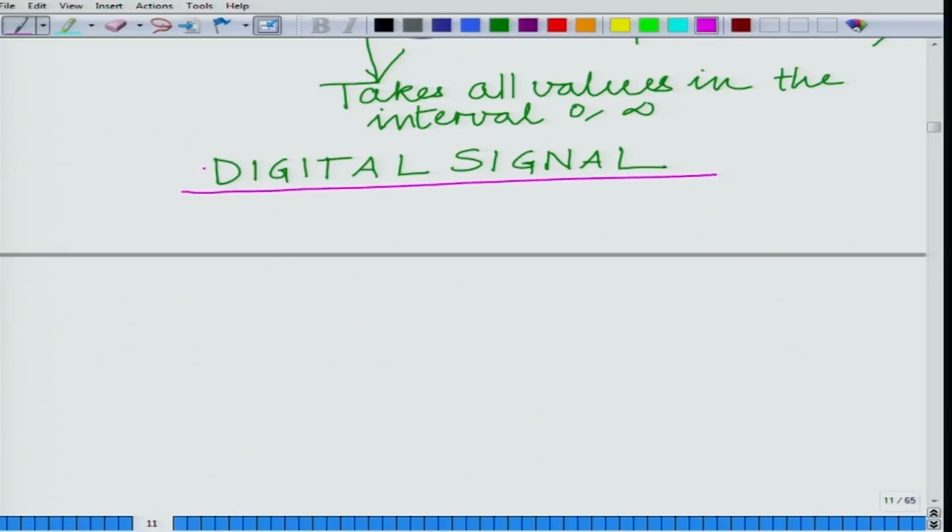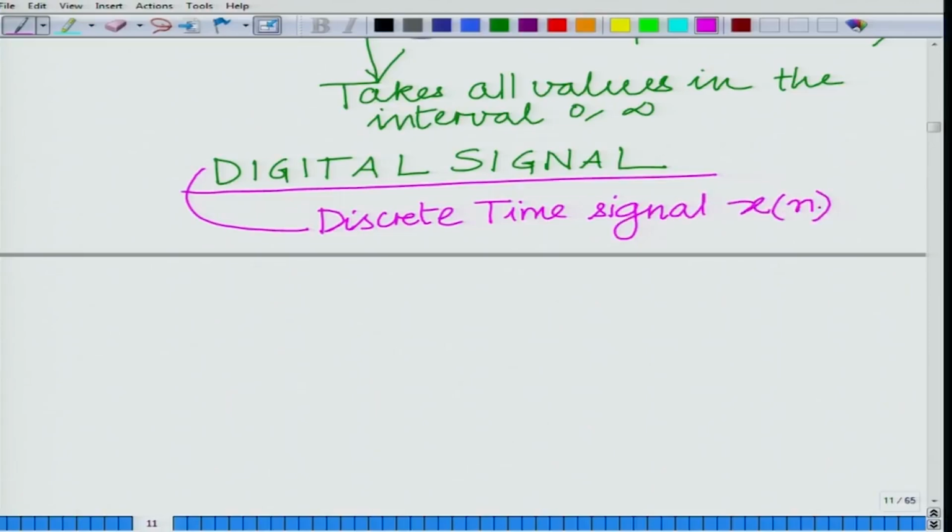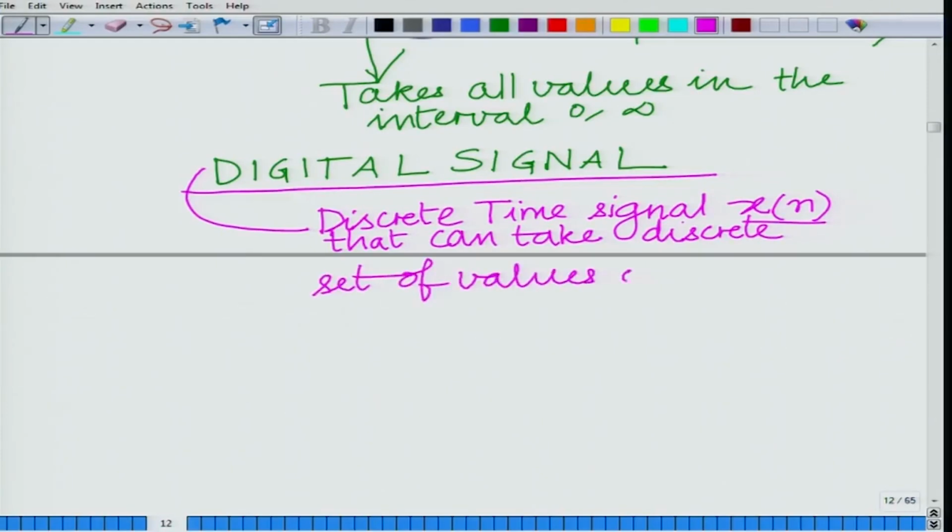okay, this is a discrete time signal x(n), a discrete time signal that can take only a discrete set of values, or basically a finite number of possible values.